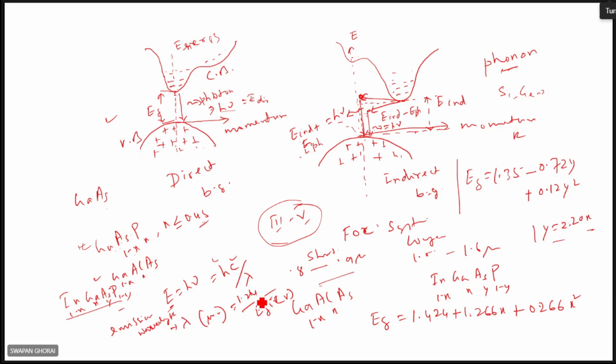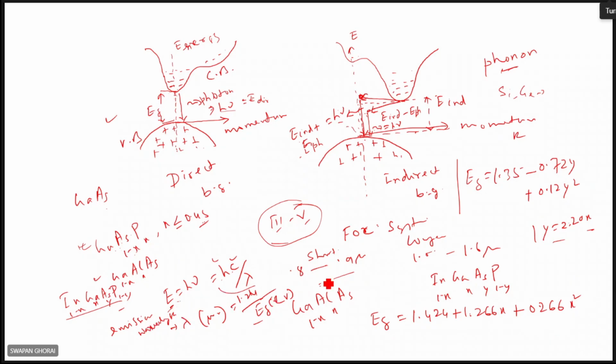Emission wavelength lambda is 1.24 upon Eg. If you put the value of Planck's constant and the velocity of light, and if Eg is in electron volts, then it is 1.24 upon Eg. If you can remember this one, there is no need of solving these ones. So in this way, you can calculate the wavelength of light.